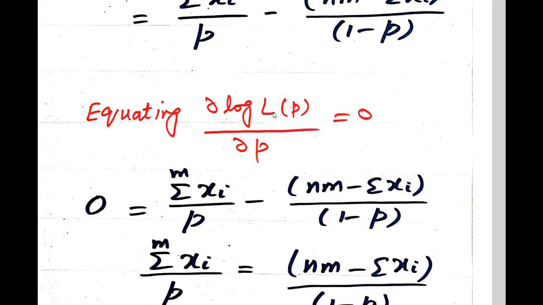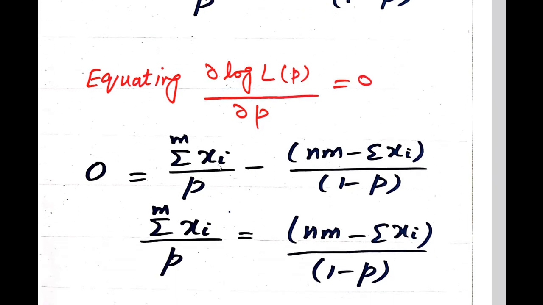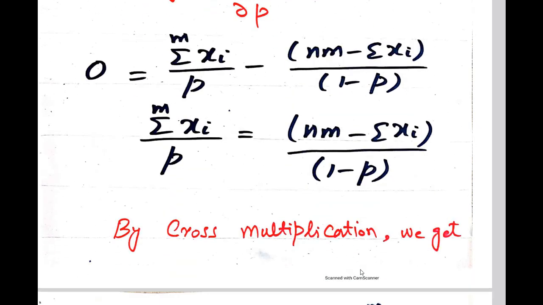Equating partial log of L of p over partial p to 0: sum of m xi over p minus nm minus sum of xi over 1 minus p equals 0. Take this minus term to the other side, it is positive: sum of m xi over p equals nm minus sum of xi over 1 minus p.